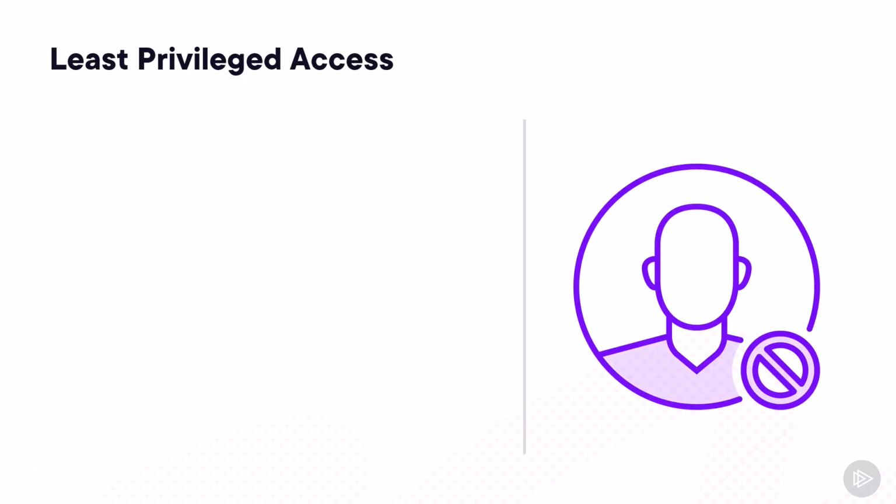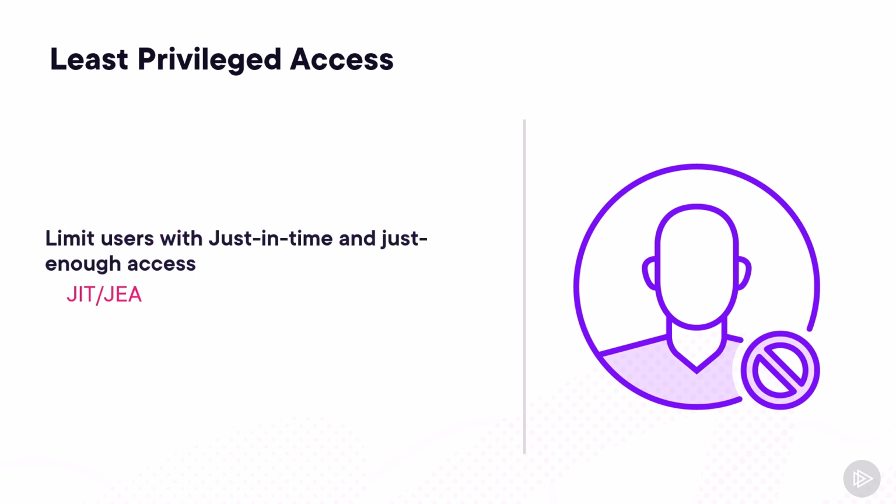The next guiding principle is least privileged access. In a Zero Trust model, we should limit user access with just-in-time and just-enough access, which you will often see abbreviated as JIT and JEA in the slides. This means that a user should not simply always have administrator permissions on everything all the time, as that can be a security risk.